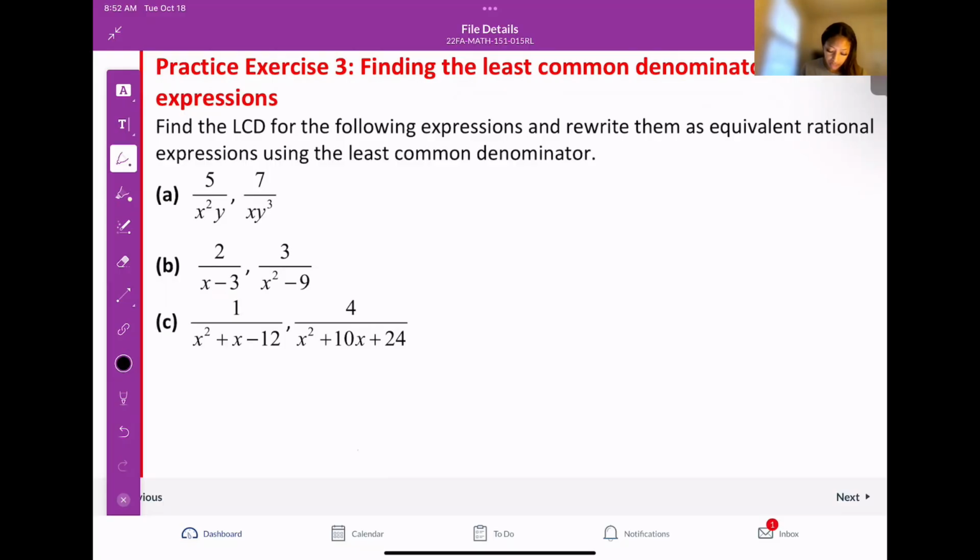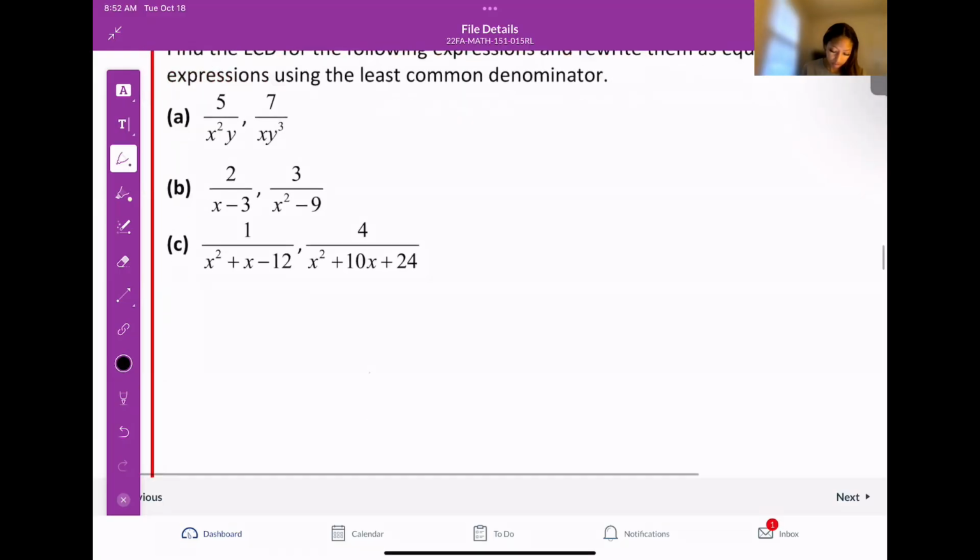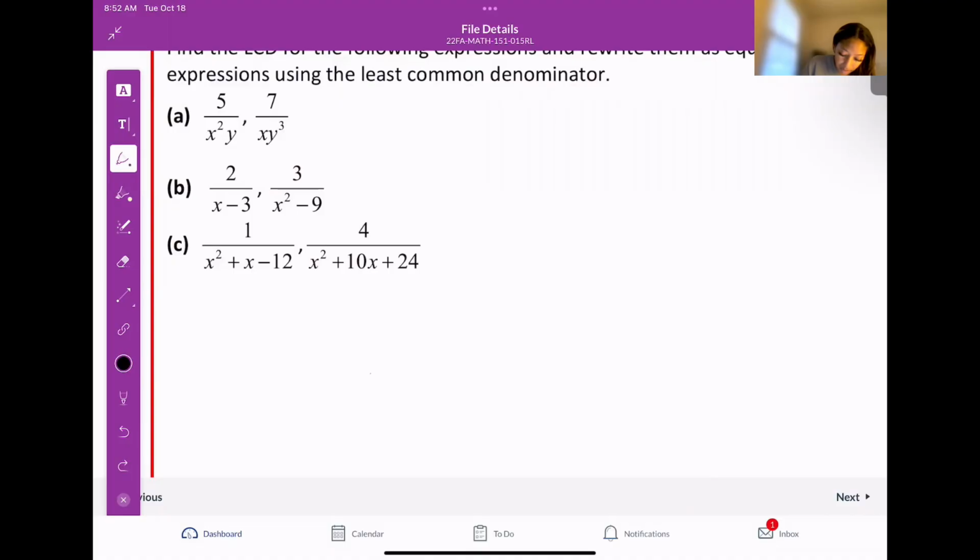So for part A, let's see, do we have one down here? I'll try to do them down here. Actually, I don't know if I'll have enough space at the bottom to do everything. So let's just start at the top here. For part A, we have x squared y and xy cubed.